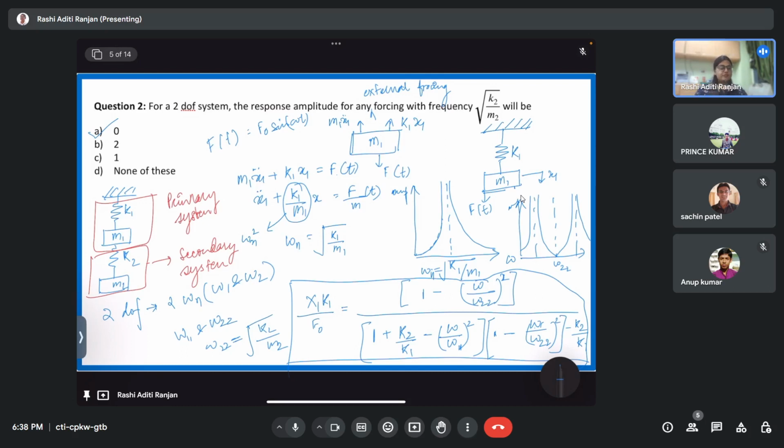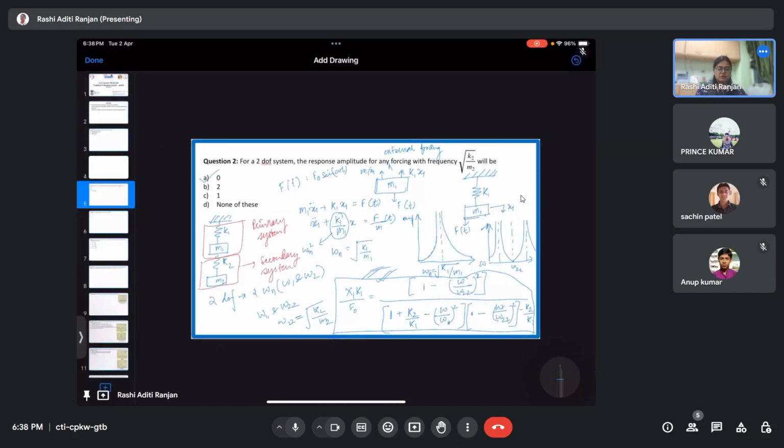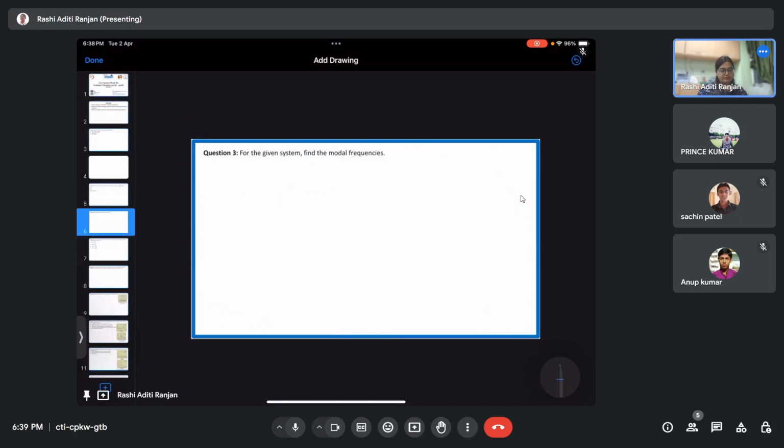And for this equation, you can take any basic book of mechanical vibrations, and there you are going to get where we are getting this. It is essentially given as a tuned vibration absorber in the textbooks. It is known as a vibration absorber because it has made the amplitude of vibration 0 for omega equal to omega 22.